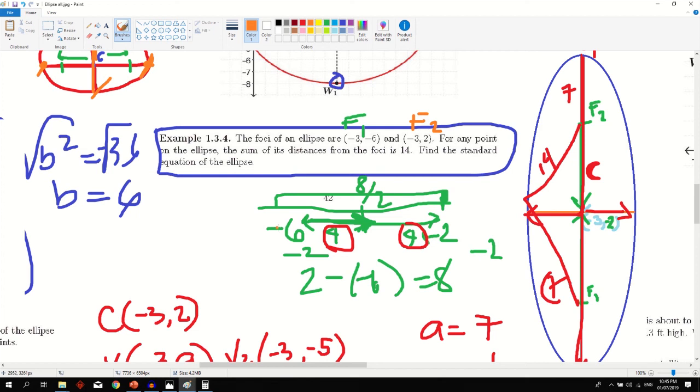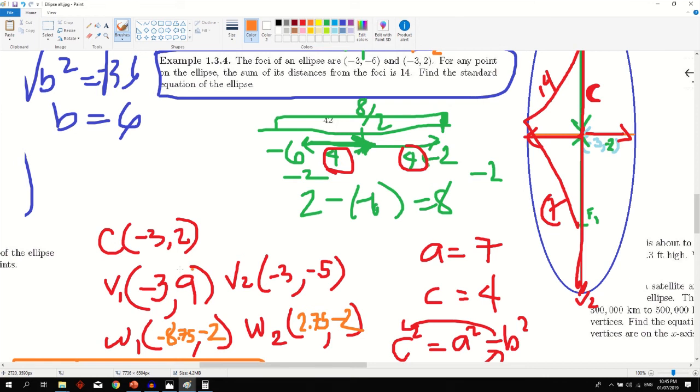So from here, negative 6 to here is 8 divided by 2. What? I was wrong. Yeah, I was wrong. You have here negative 2.